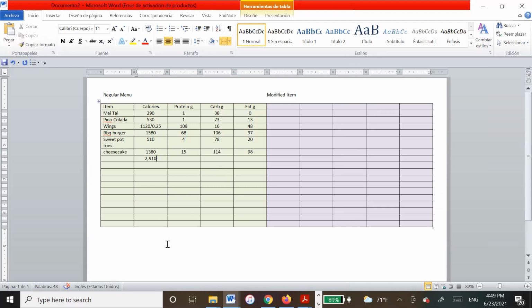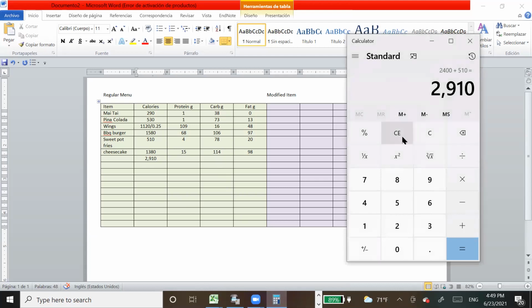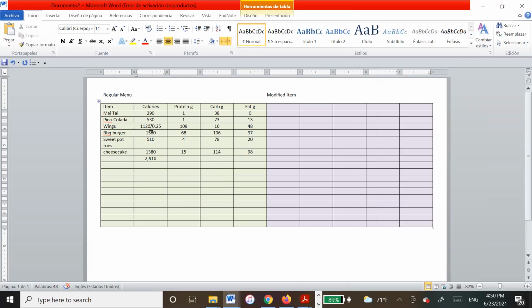Now I know that, as I mentioned earlier, we didn't have all of the wings nor all of the cheesecake. So let's say that 1,120, I shared it with 3 people, and that's 373 calories. So I'm gonna erase this to 373.